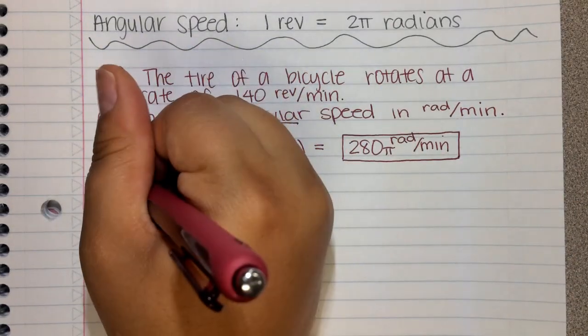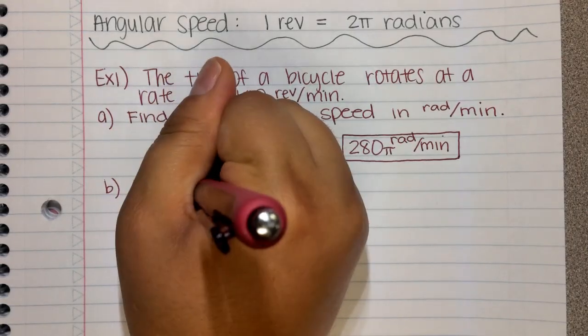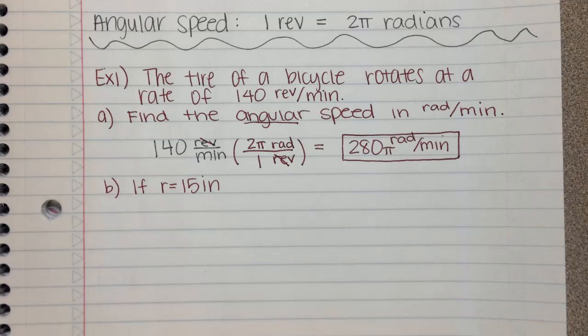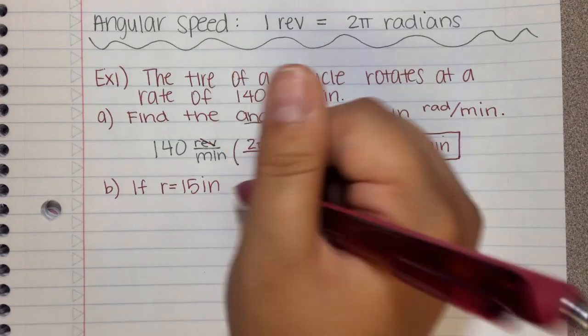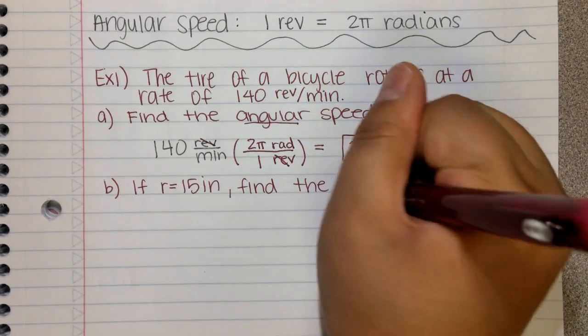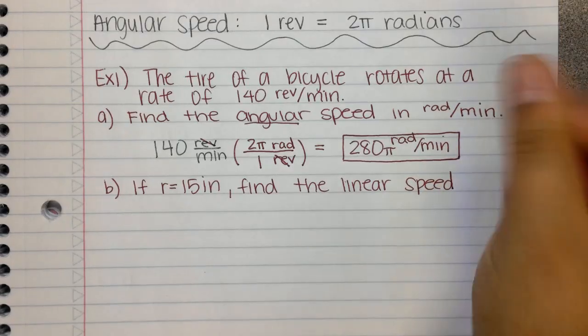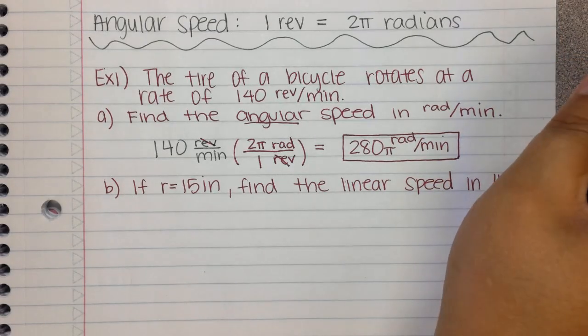Part B. If the radius of the bicycle tire is 15 inches, R equals 15 inches, find the linear speed in inches per minute.